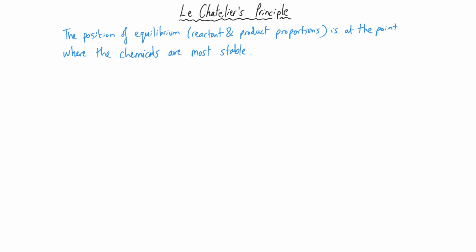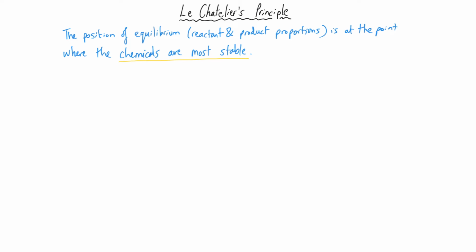I just mentioned that the position of equilibrium could be 40-60, could be any proportions at all. And so I wanted to begin this section by looking at what it is that affects that proportion. And so the position of equilibrium, and that means the proportions or the ratios of reactant to product, is at the point where the chemicals are most stable.